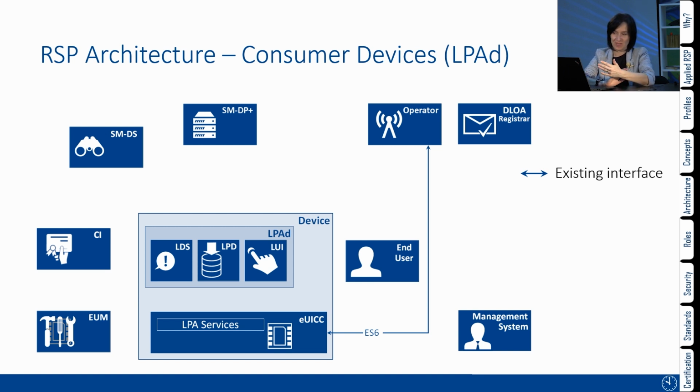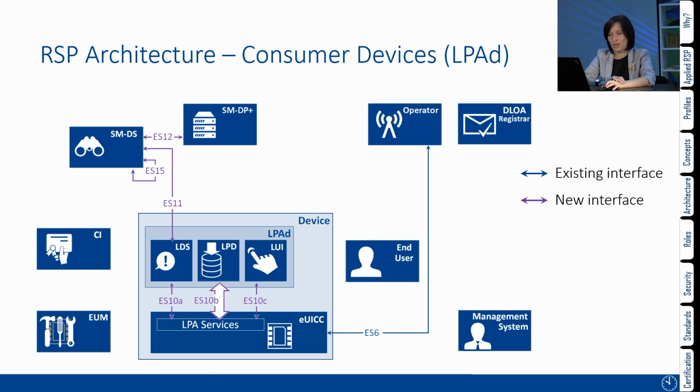On my slide I'm using this architecture of the LPAD because it is the simplest way to see all of the interfaces. The new interfaces are those to the SMDS, and also those between the LPA and the EUICC.